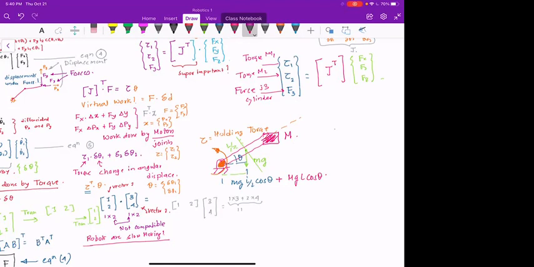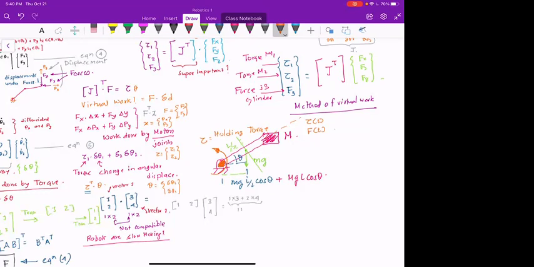But this technique is called the method of virtual work. And this is very important, method of virtual work. This method of virtual work allows me to calculate joint torques and joint forces. And these forces can be a function of time.